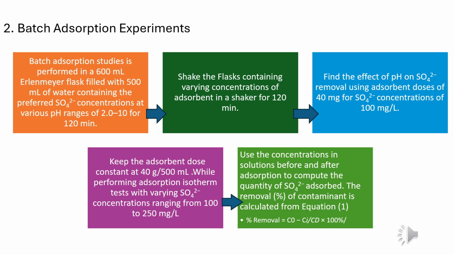While keeping the adsorbent dose constant at 400 mg per 500 ml, perform the adsorption isotherm test with varying sulfate concentrations ranging from 100 to 250 mg per liter. Then use the concentrations in solutions before and after adsorption to compute the quantity of sulfate adsorbed.